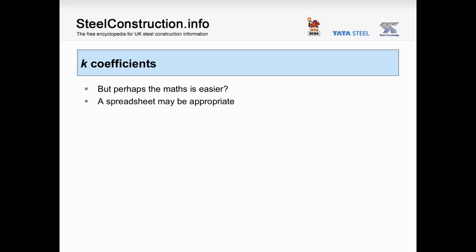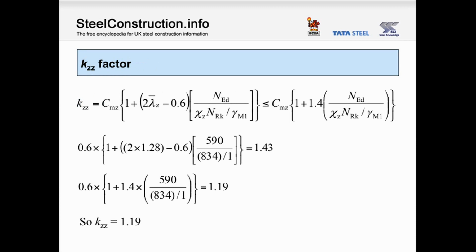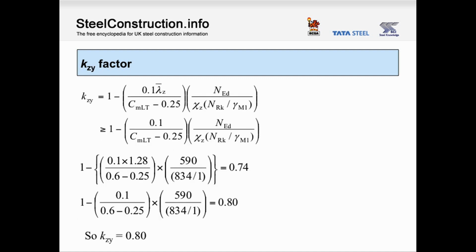Here is the next factor, kzz, a similar variation on a theme. We substitute all the numbers that we know. In this case, again, we're looking for the smallest value, so kzz in this particular instance is 1.19. Kzy is a similar sort of process. In this case, we're looking for the larger of the two values, so kzy is 0.8.